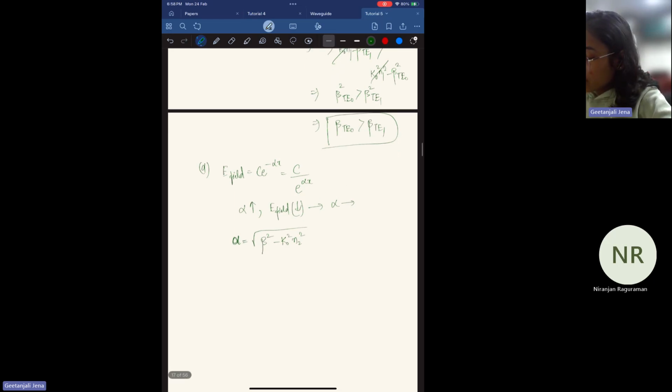If mode number is decreasing, the beta value will increase, as we have seen in the previous part. When beta value increases, the alpha value will increase, giving lower penetration into the cladding.